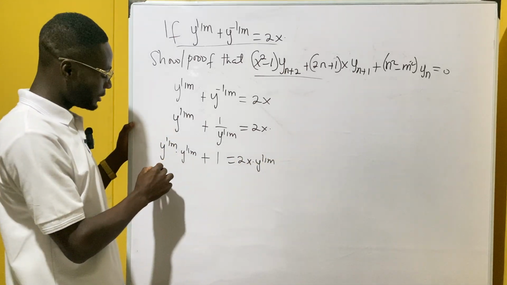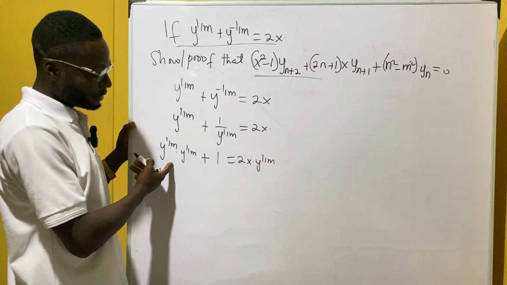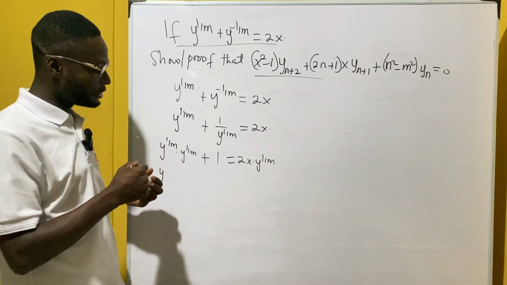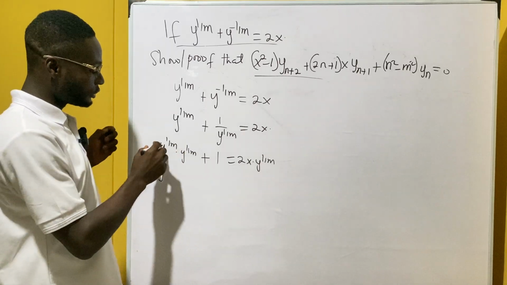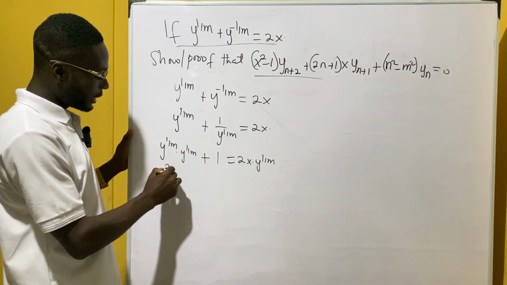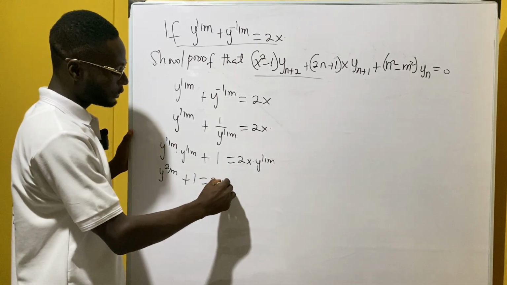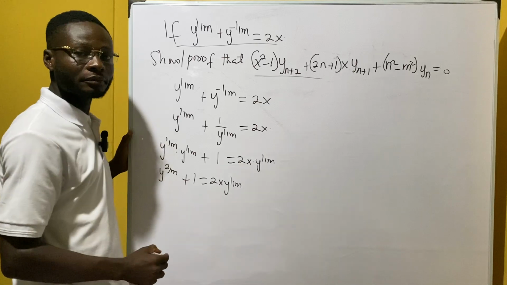When we do that, you know that indices say when they are multiplying and they have the same base, you add the exponents. So we have y^(2/m) + 1 equal to 2x y^(1/m).